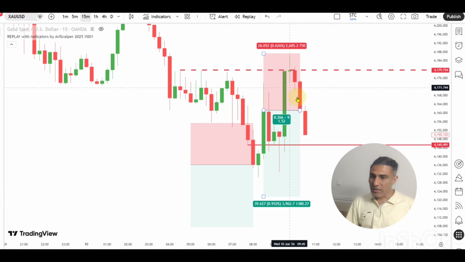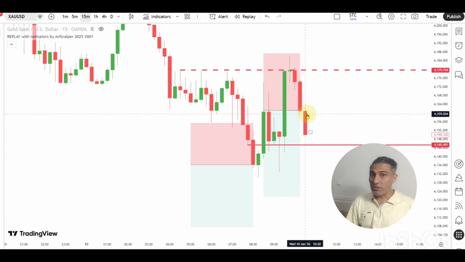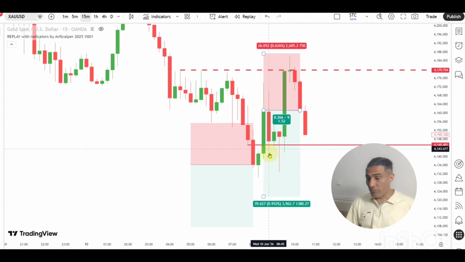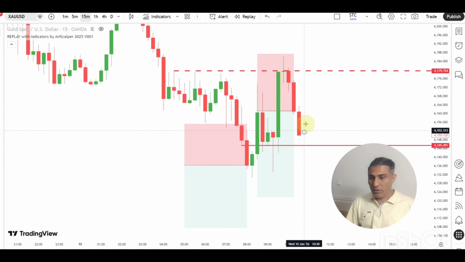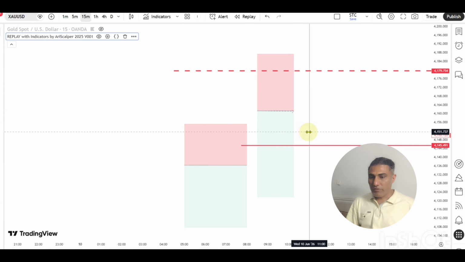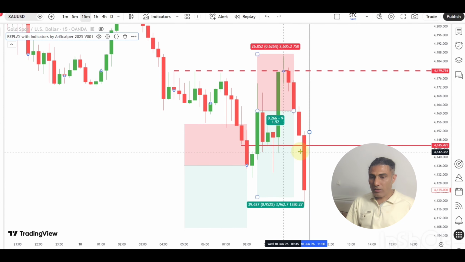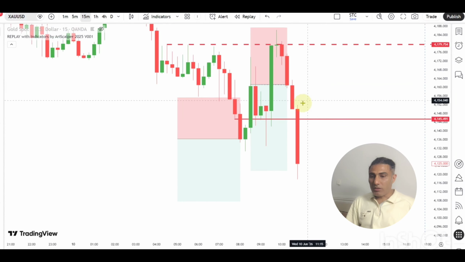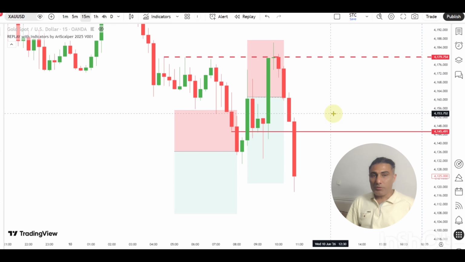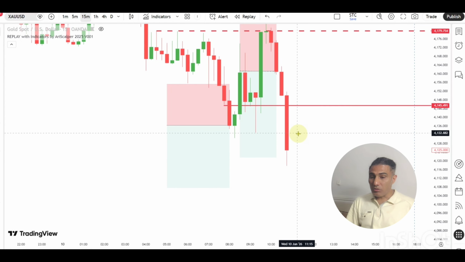Why? Because the candles are not that strong. They have some strong bullish candles, and 1 to 1.5. And we get the target.